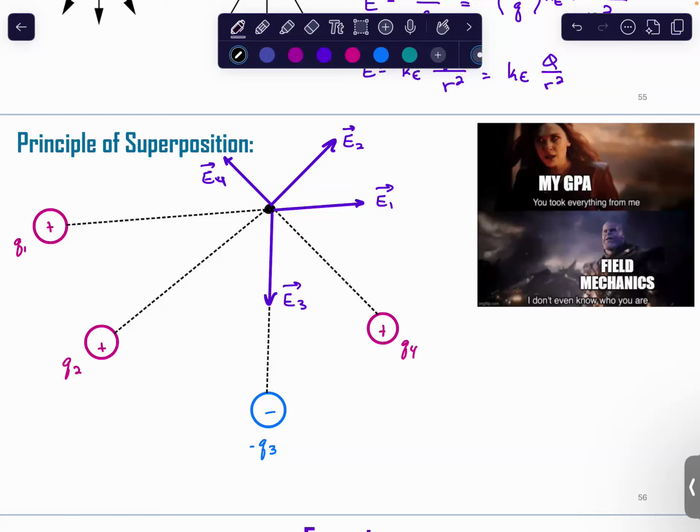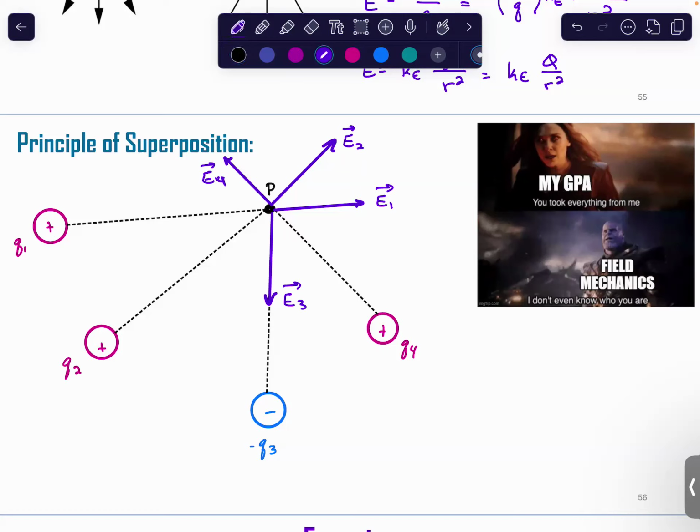Of course these are all at some point in space P. So we have all these different interacting electric fields at that point. So the question becomes, what is the electric field, the superposition, the total electric field at that point?